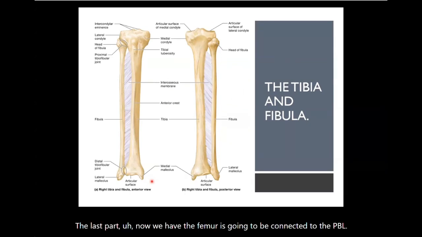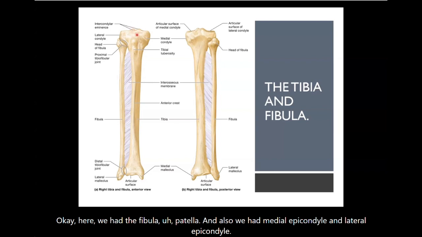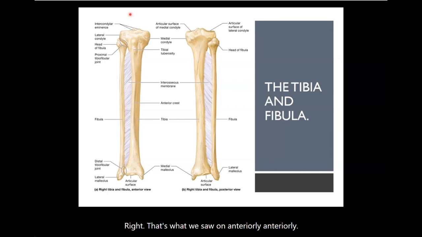All right, the last part. Now the femur is going to be connected to the tibia. What is this? This is the tibia, and then this is the fibula, okay? And then remember, where we had the femur, here we had the patella, and also we had medial epicondyle and lateral epicondyle, right? That's what we saw anteriorly.